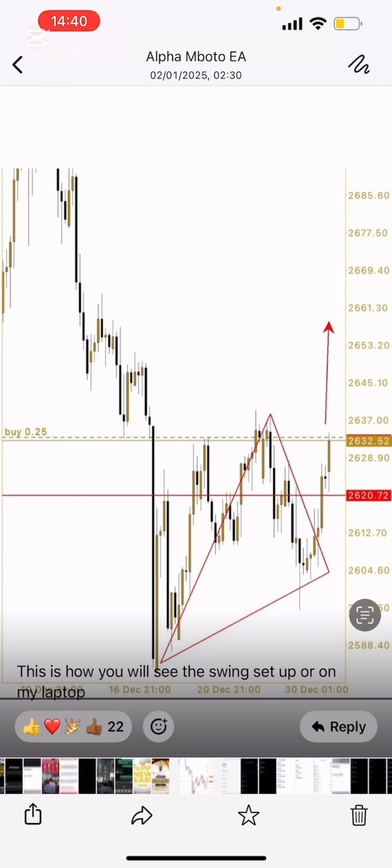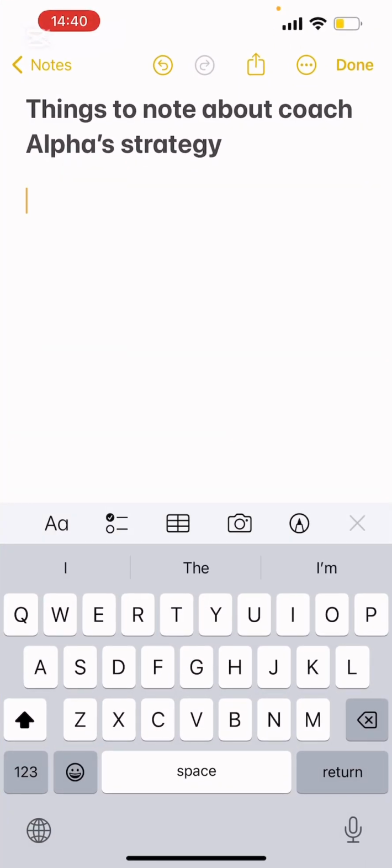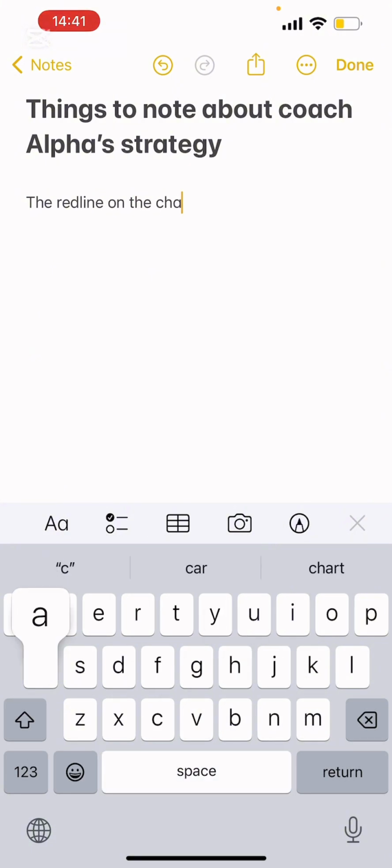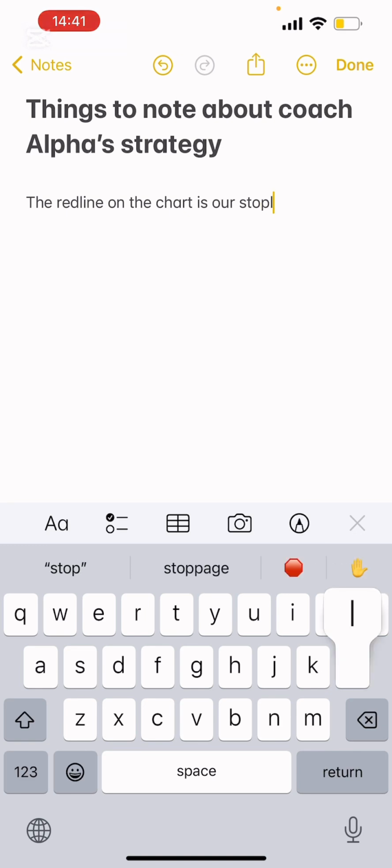When it gives the chart like this, you can see the triangle sign and you can see the red line at 2620.72. Take note, the red line at 2620.72 is our stop loss. So now let's write it out. The red line on the chart is our stop loss.